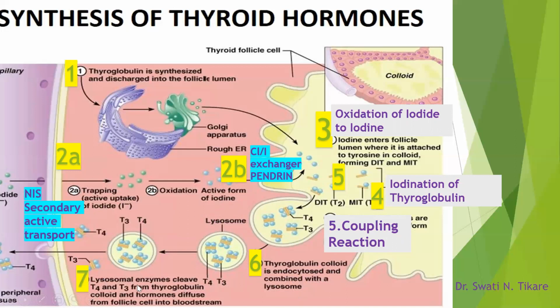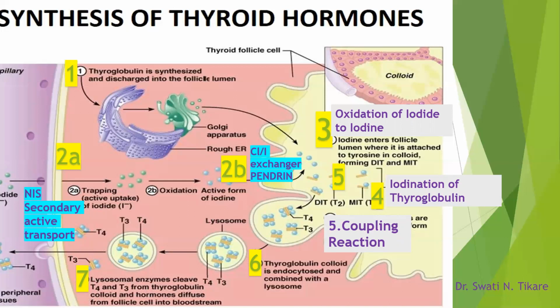The lysosomal enzymes cleave T3 and T4. Okay, they release the free T3, T4 outside from the thyroglobulin colloid, and hormones diffuse from the follicle into the bloodstream. Remember, T3 and T4 hormones are something similar to steroid hormones.